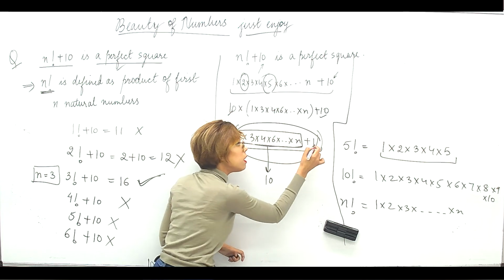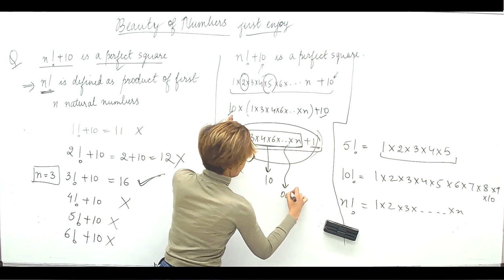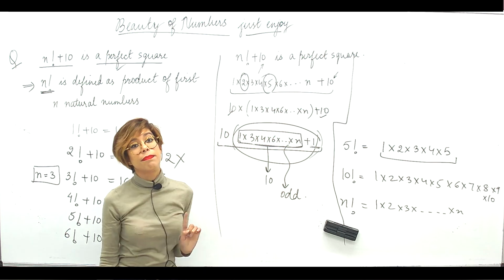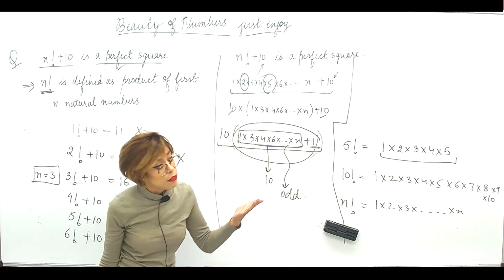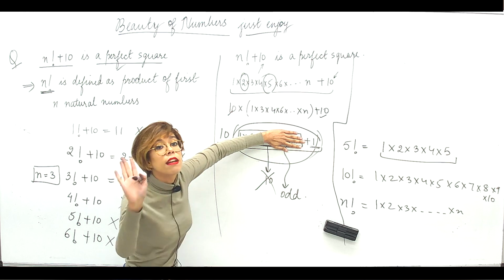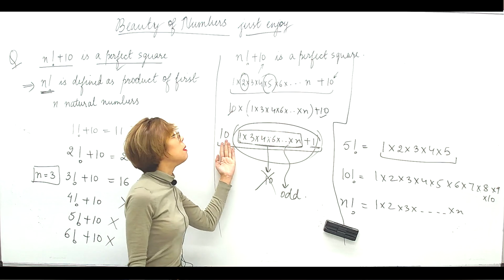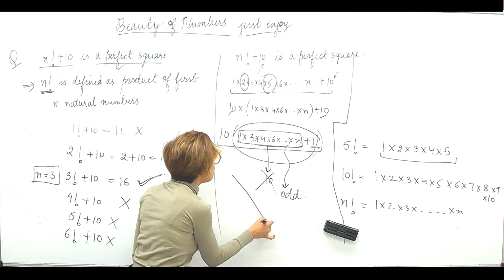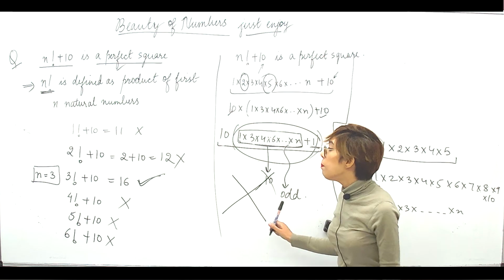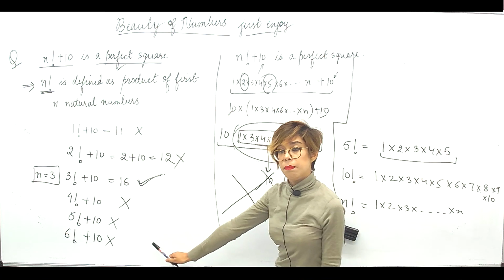Even number plus 1, this number is odd. You are telling me that this is an odd number and you want a factor of 10. How can you get a factor of 10 from an odd number? That means from here you will not get the factor of 10. If you don't get a factor of 10, here 10 will be only. That means this will not be a perfect square for n greater than 6, because earlier values I have exhausted.